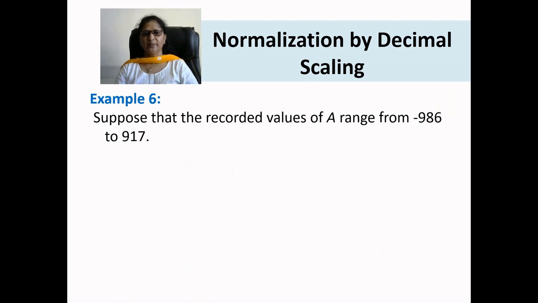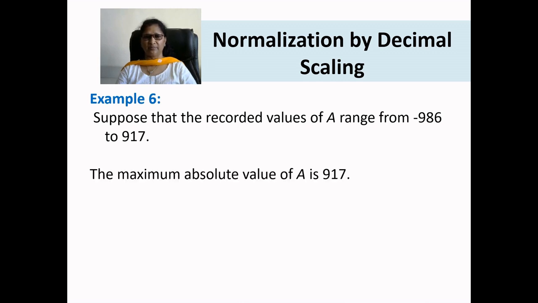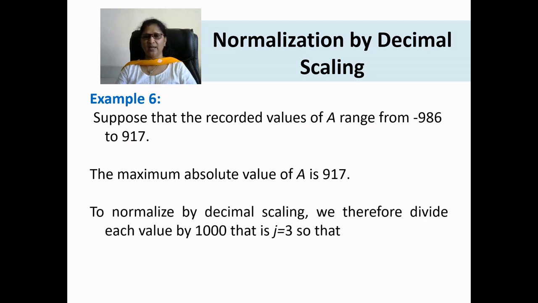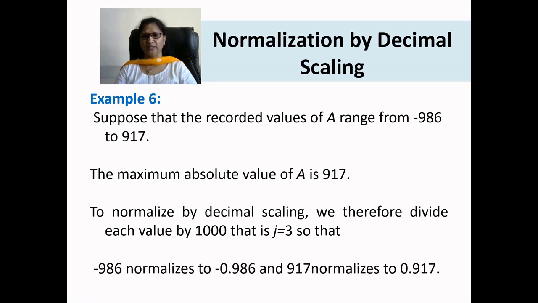Let us look at one more example. Suppose that the recorded values for A are ranging from -986 to 917. We have to consider maximum absolute value. So maximum absolute value is 917. So to normalize using decimal scaling, we therefore divide each value by 10 raised to 3 as there are 3 digits in 917.